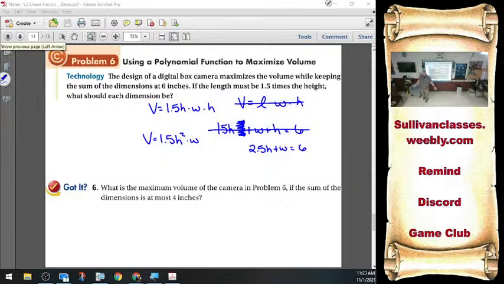I still have too many variables. I want one variable on the right side, not two. Is there any way that I could rearrange this to get rid of that w?